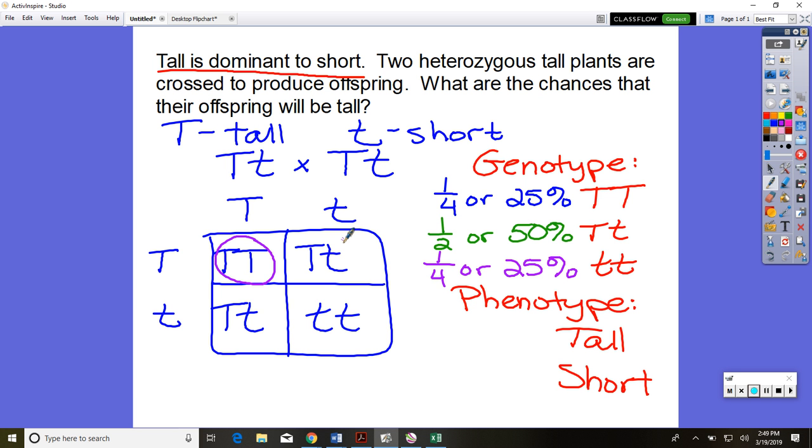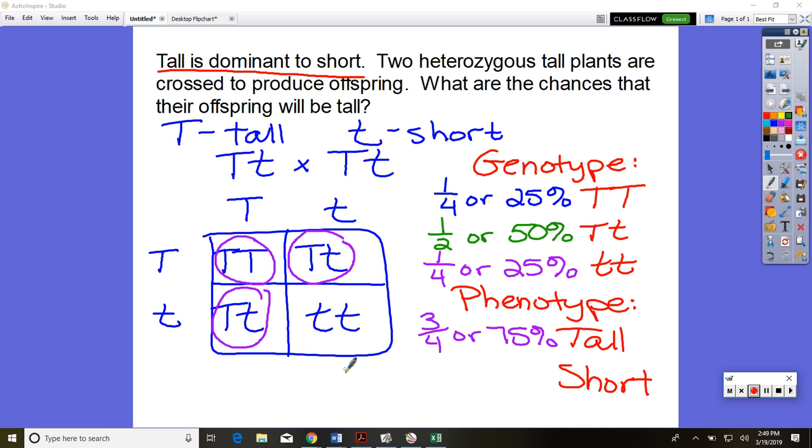It actually has both capital letters. It's homozygous dominant. I see an offspring here that has a capital and a lowercase. An offspring here that has a capital and lowercase. It's heterozygous. And this one doesn't, so we're not going to count that one. So I've got 3 of the offspring, 3 out of 4, that have the capital letter, meaning those 3 will be tall, and 3 out of 4 is 75%.